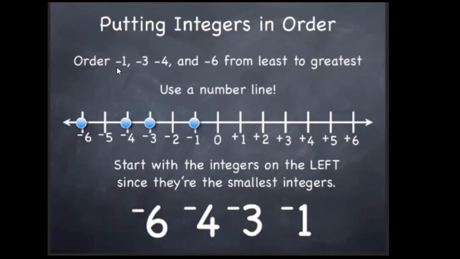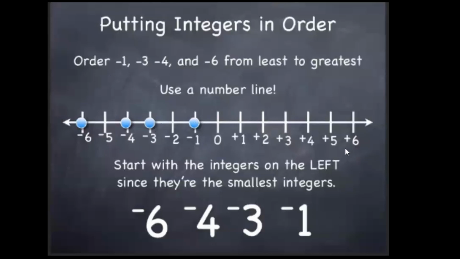Now we have the following values: -1, -3, -4, -6. As we can see on the number line, -6, although it's the biggest number, is the smallest integer because it's the furthest to the left. And so bigger numbers, as we stated before, are smaller when they're negative.